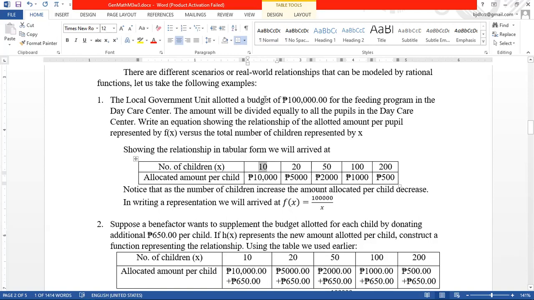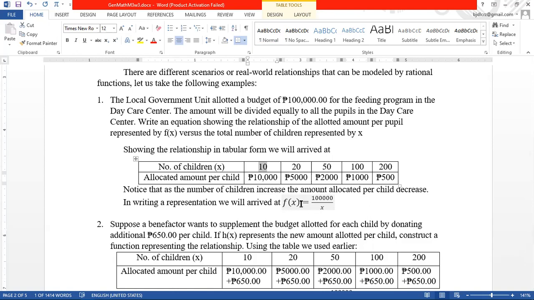Okay, so kung 10 children, i-divide na to ang 100,000 by 10. Wait, let me get my calculator. So i-divide na to siya na 10,000 na allotted amount per child.